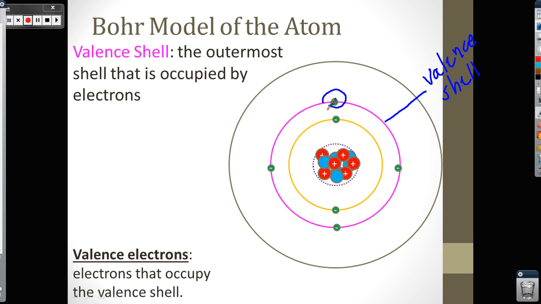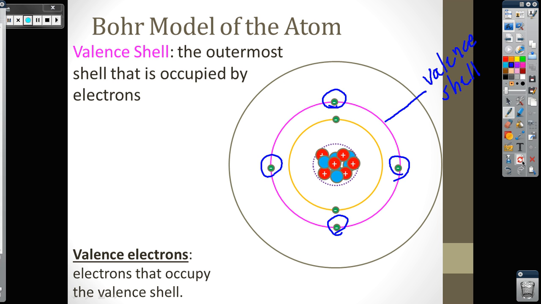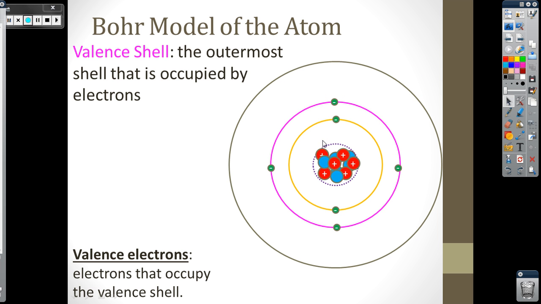And these are the valence electrons. So this particular atom has 4 valence electrons. It has 4 electrons in the valence shell. Those are the ones that are going to be involved in chemical bonding if this atom is going to bond with anything else.